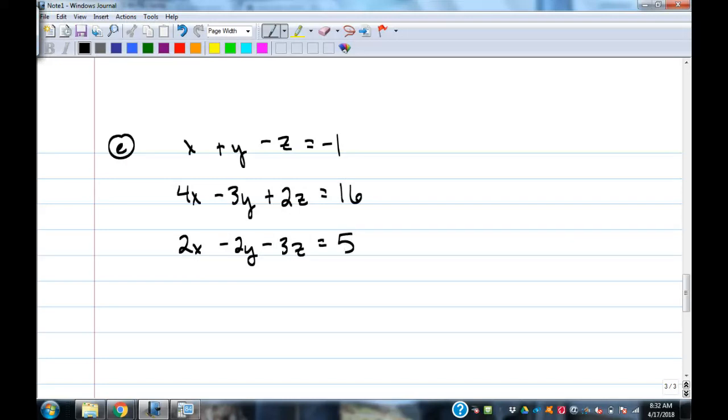Now, three variable systems were much more complicated to solve without the calculator. You had to take two of the equations at a time and eliminate the same variable from them. So we might take the first one and the second one and eliminate z and get an equation that had x's and y's and numbers. And then we might take the first one and the third one and eliminate z and get another equation that had x's and y's.